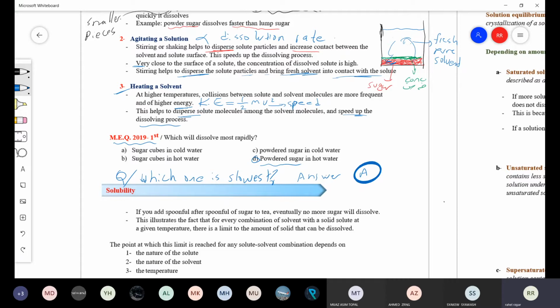That's why they are liquid. That's why they stick together. But if we increase the temperature a lot, if we increase the kinetic energy, the attraction force will be lost. There will not be any attraction force. So the particles move so fast that the bonds between them break and they become gases.